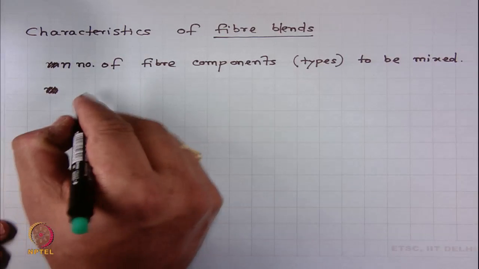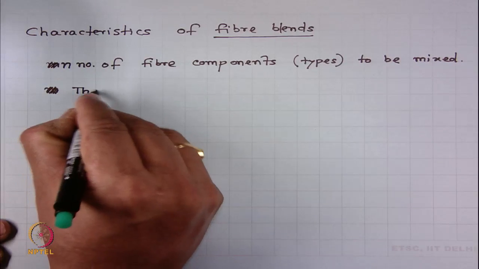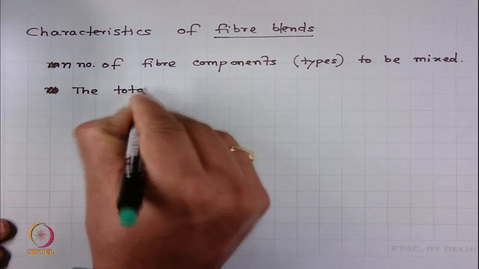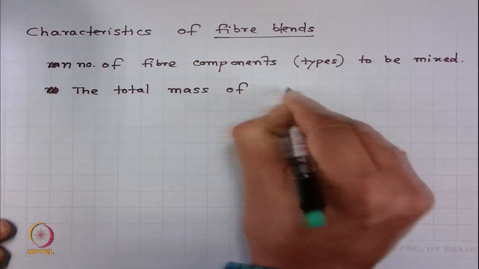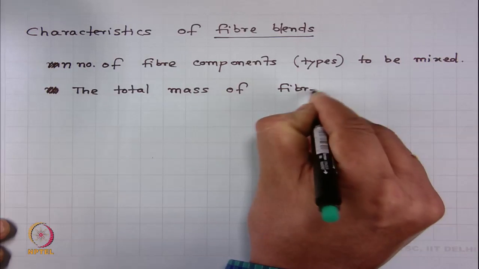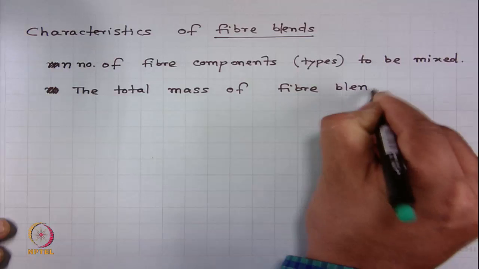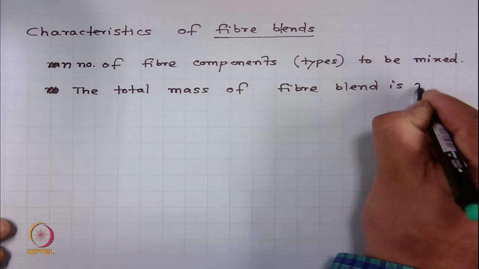Now, the total mass of fiber blend is small m.